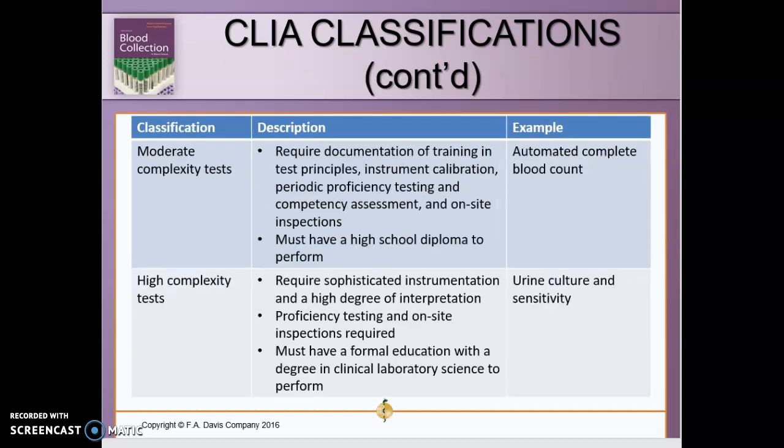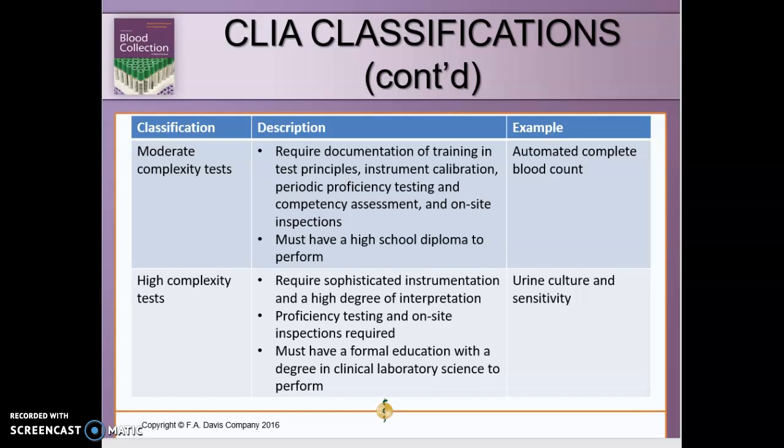All right, moving forward, we have our moderate complexity test. This requires documentation of training in a test principle, instrument calibration, periodic proficiency testing, competency assessment, and on-site inspection. You must have a high school diploma to perform a moderate complexity test, and an example of this is going to be an automated complete blood count.